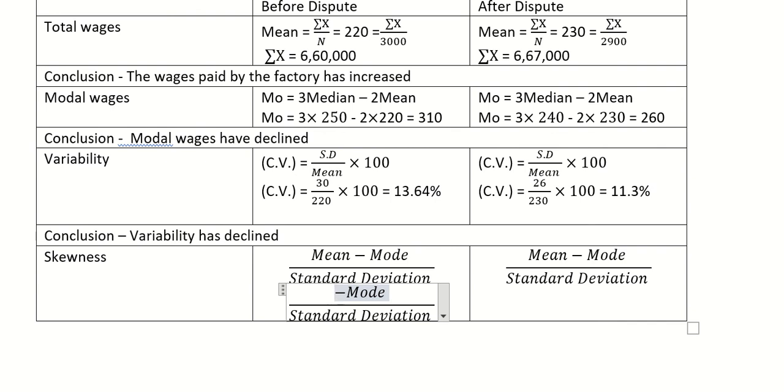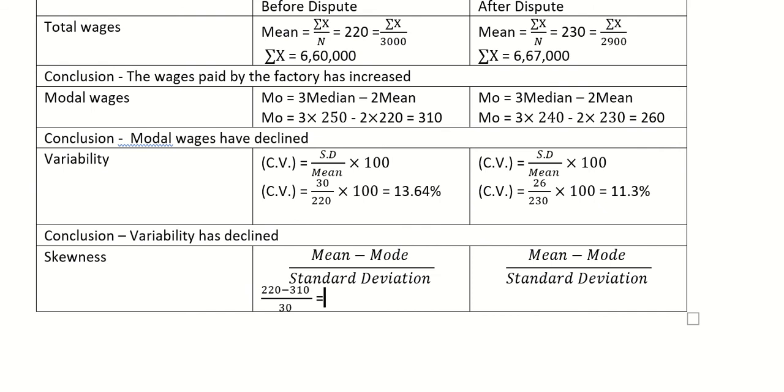So mean 220 minus mode we have calculated, 310, divided by standard deviation. Standard deviation is 30 before the dispute. The answer is -3. Because this is minus, it means it is negatively skewed.